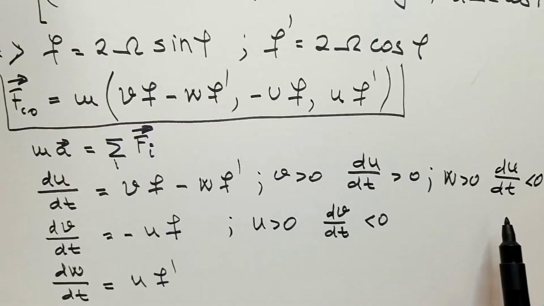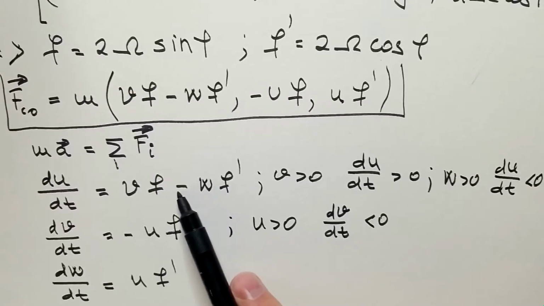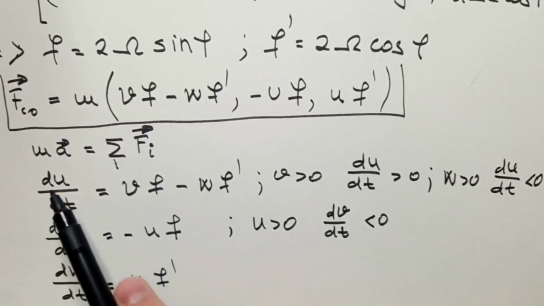On the other hand, if we have downward motion, then this term is positive, so du dt will be positive, and that is eastward acceleration.